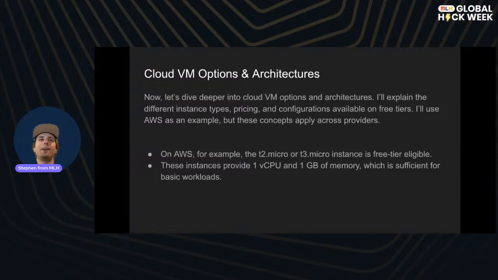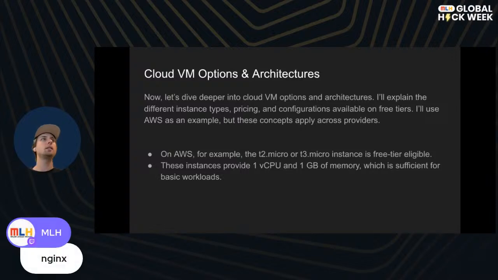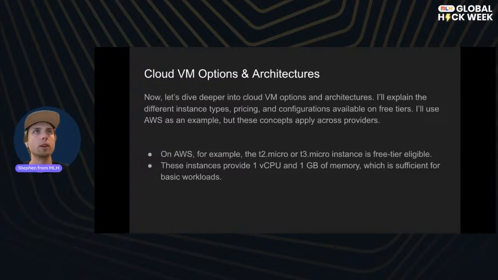Your computer at home probably has 10 times this, but it's good enough to run certain lightweight frameworks. We're going to be running one framework today called Nginx, which is a web server framework. So we'll show how to get a brief web server up and running on this virtual machine. That'll be really cool for us to try out.